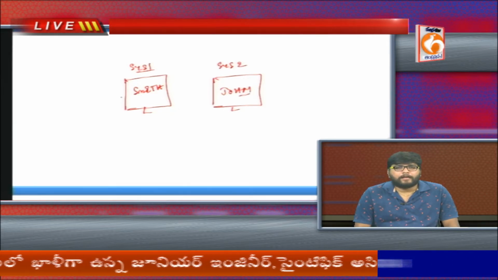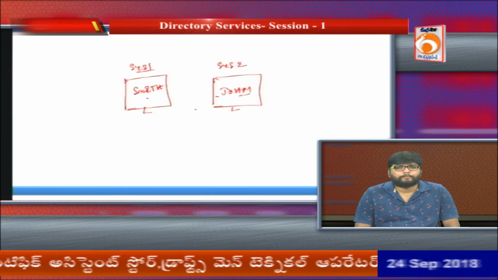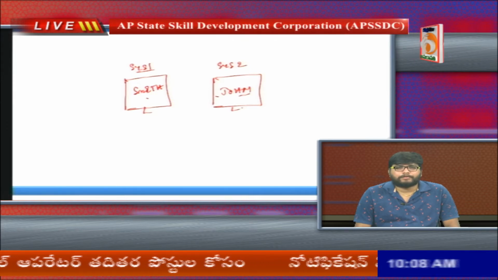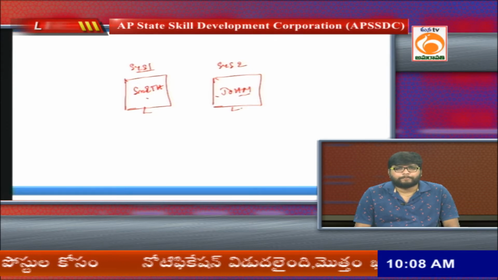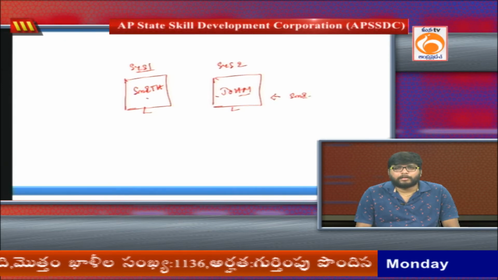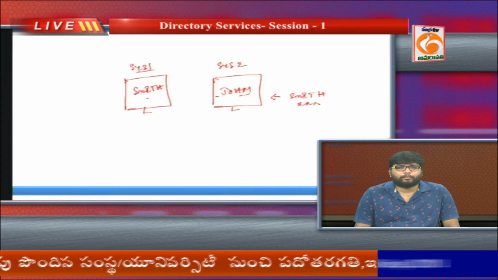Now one fine day, Smith came to John's home. He wants to use this computer, but Smith doesn't know John's username or password. So he tries to enter his own username. Smith came to John's computer and is trying to log in. Can he log in? The answer is he cannot.